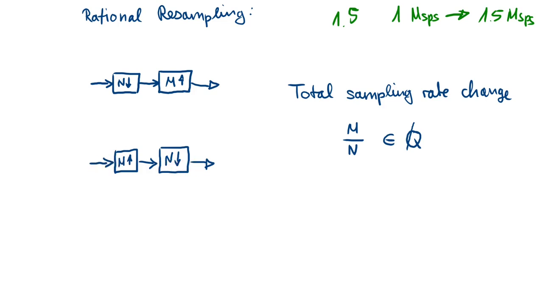You need to be careful as an engineer to choose the right order, because the decimation step is always lossy, so you will lose information here, which you would need to somehow reconstruct in the interpolator, in the upsampling part. But because the downsampling step is lossy, you cannot completely reconstruct all the information.